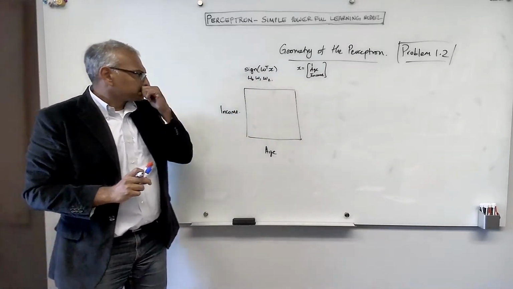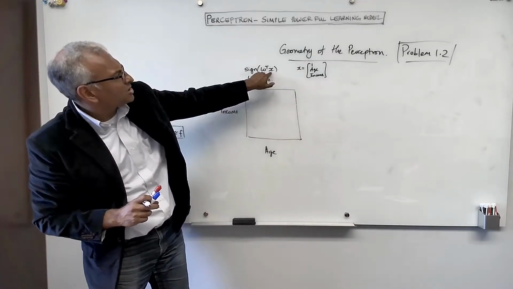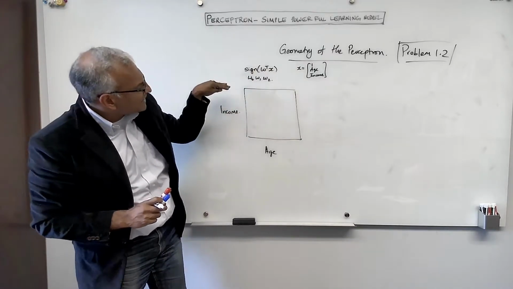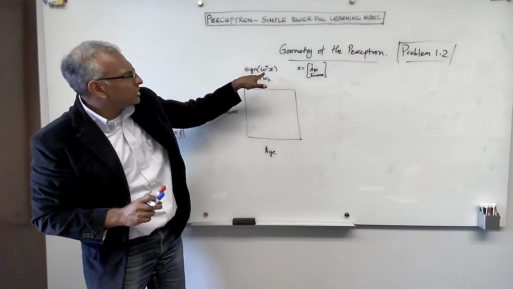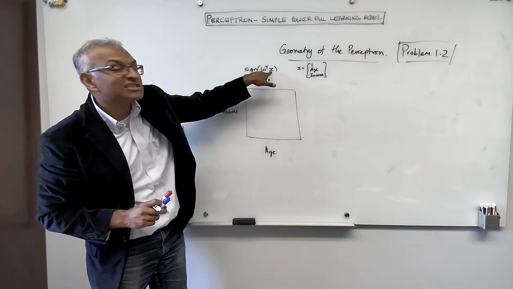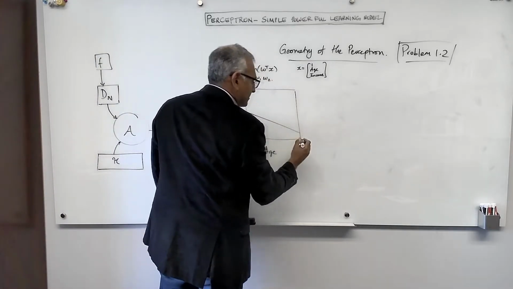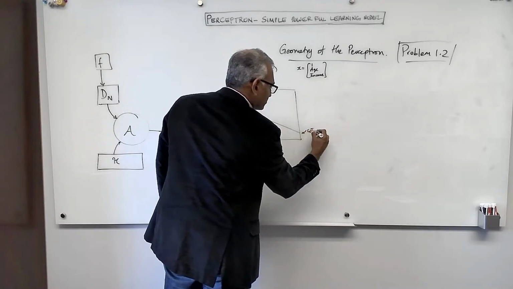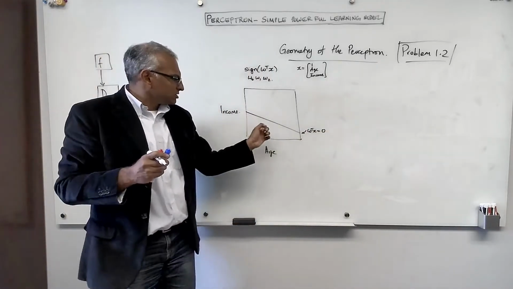Now, the nature of this linear function W transpose X is that it defines a line. So if we ask what is the solution to the equation W transpose X equals 0, that's going to be a line. In D dimensions, this is called a hyperplane.